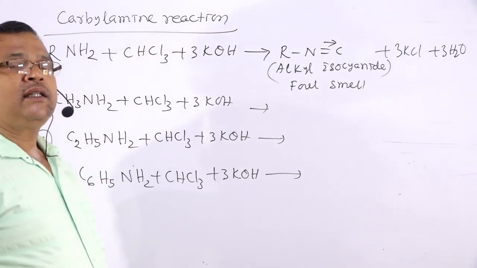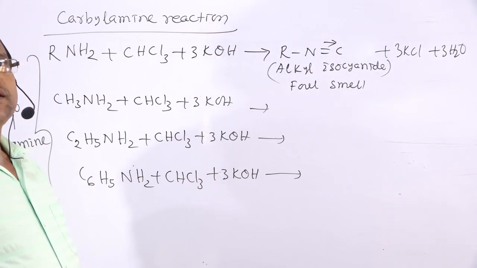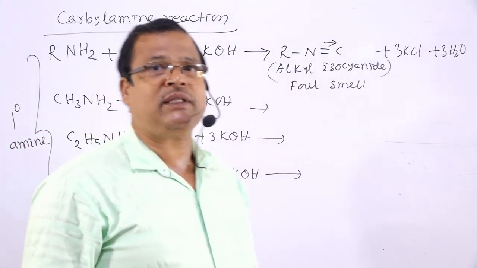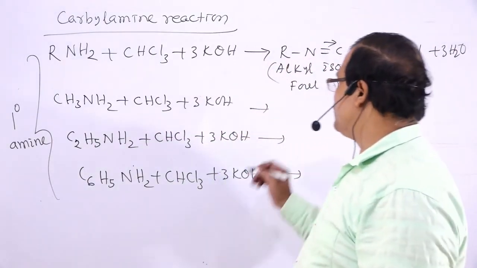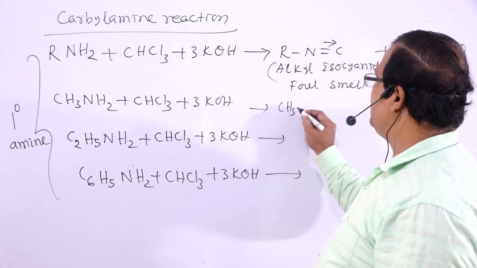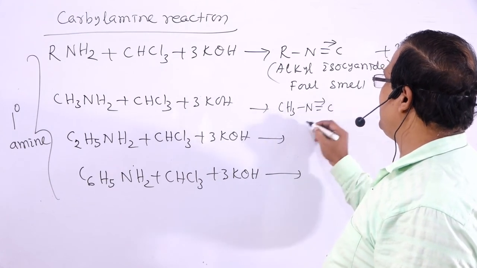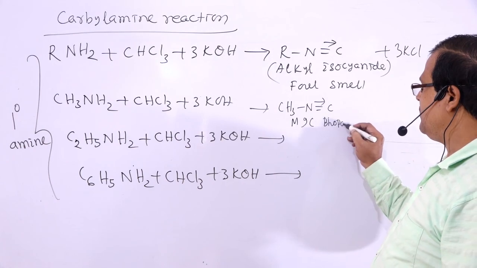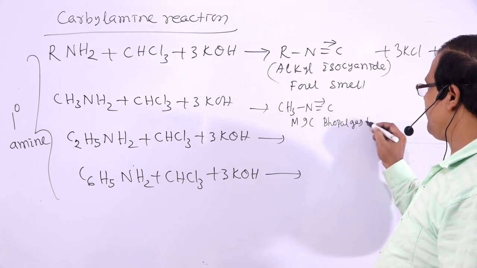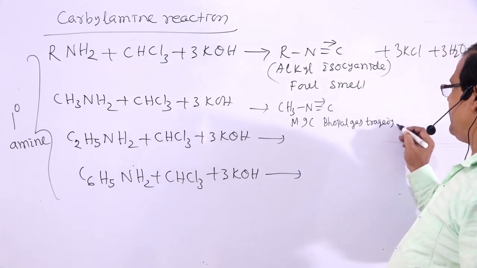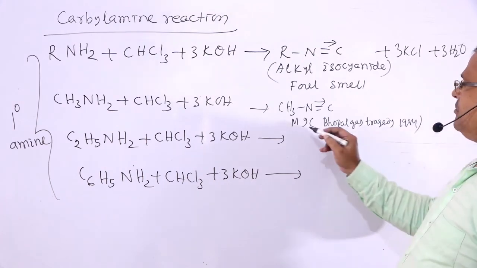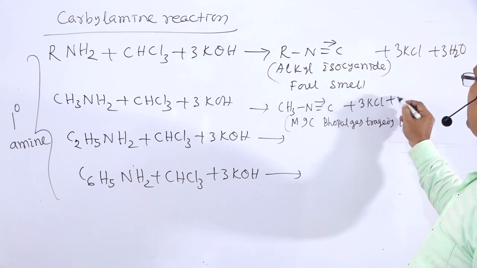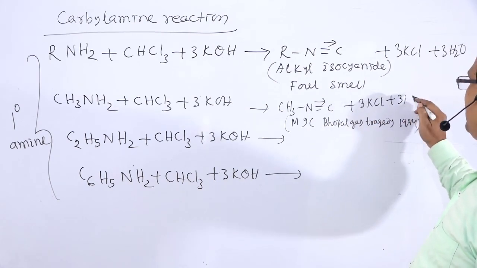The gas that was released in the Bhopal gas tragedy in 1984 was MIC, methyl isocyanate. So there is the formation of CH3NC, MIC, plus 3 KCl plus 3 water, with a very foul smell.